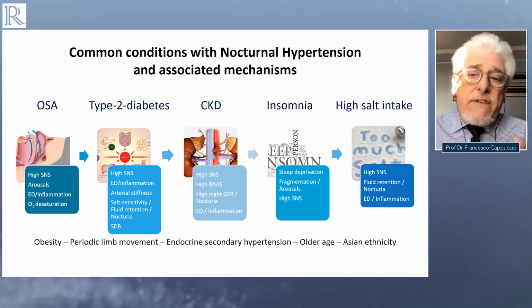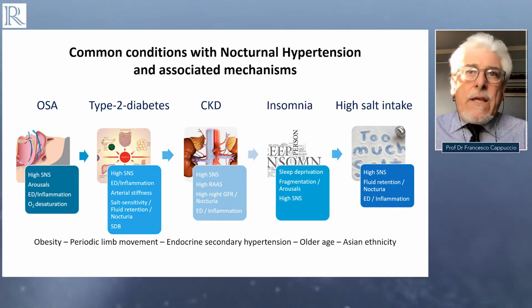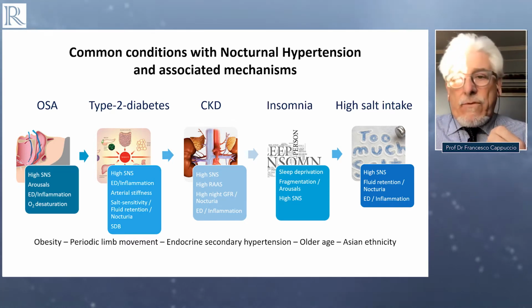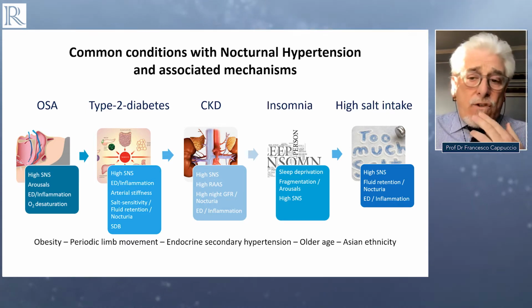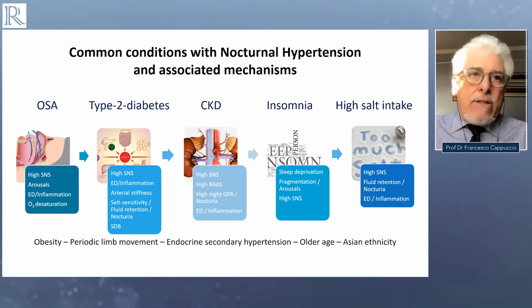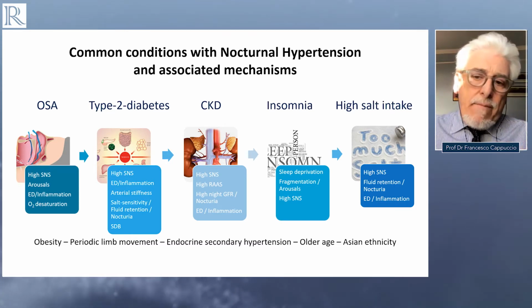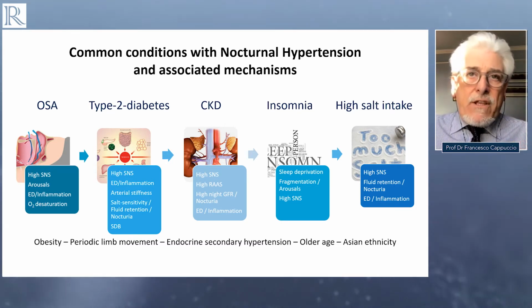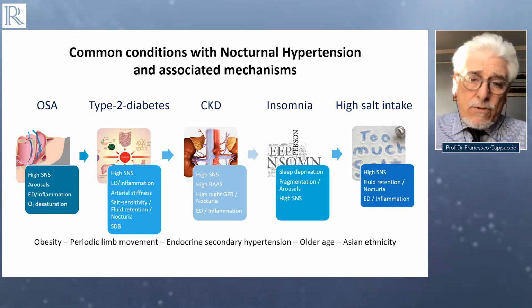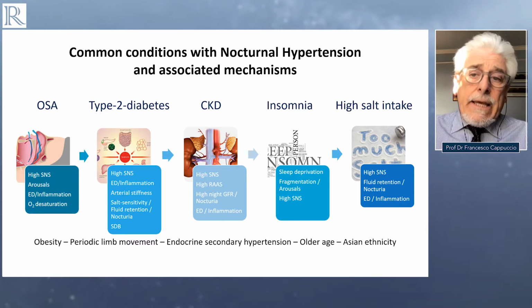Also salt sensitivity, by favoring fluid retention, polyuria and nocturia can contribute to rising blood pressure. But there are also other effects which are less visible to the naked eye, like endothelial dysfunction, inflammation, and an increase in arterial stiffness. And this is just a limited list of mechanisms which contribute to nocturnal hypertension.